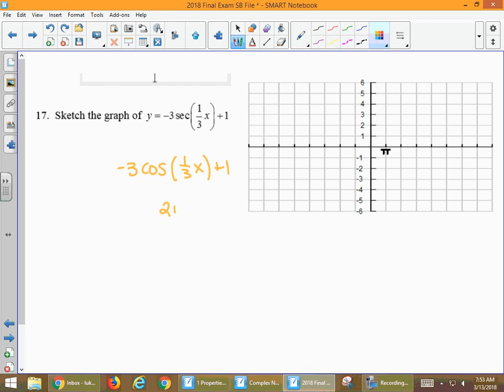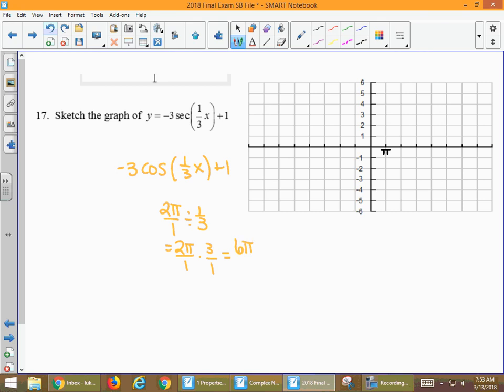So our period is 2 pi divided by the number in front of x. And the number in front of x here is 1/3, so I think the easier way to do it is actually this. Flip your second. So the period of the function is 2 pi times 3 is 6 pi.